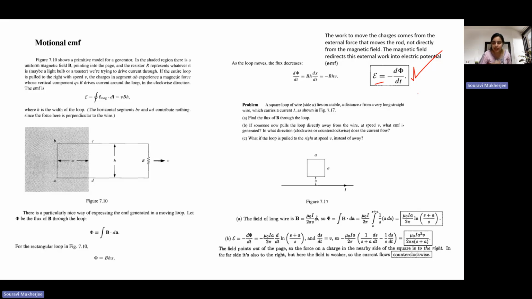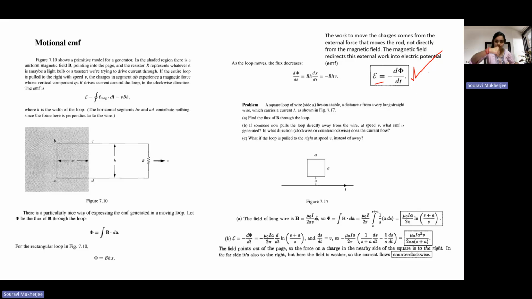So the electric current should be in such a direction that the flux increases. When you have a current carrying wire, your magnetic field is pointing out of the page. Now for the square loop, you should have a current which also creates the magnetic field out of the page, so that it tries to nullify the effect of decreasing flux, right? So that is what happens here.